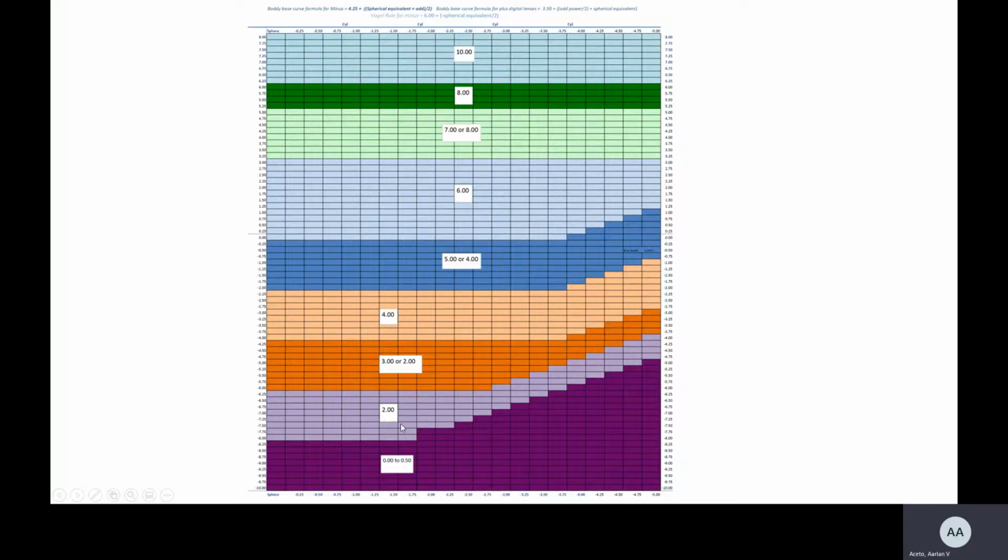My chart from this particular manufacturer for this particular lens design, I'm going to grab my 2 base. But it turns out that using this particular chart, if I had a -7.75 and a -2.25 cylinder, I'm no longer going to need a 2 base. I want my half base or my plano base.